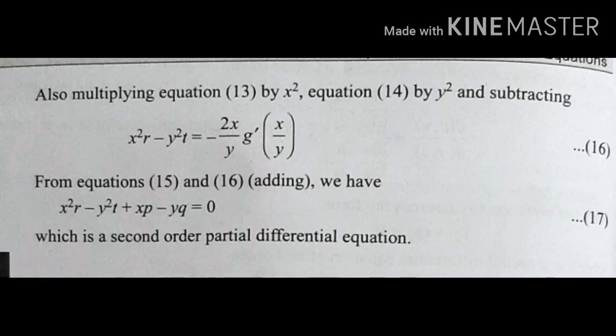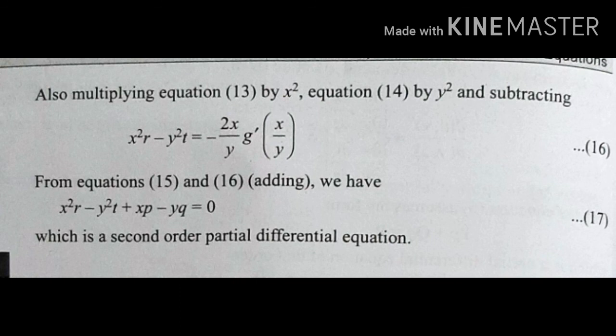And again multiplying number 13 by x square and equation 14 by y square, and then subtracting, we get x square r minus y square t is equal to minus 2xy g dash x by y. We write it as a 16 number equation and xp minus yq as 15 number equation.